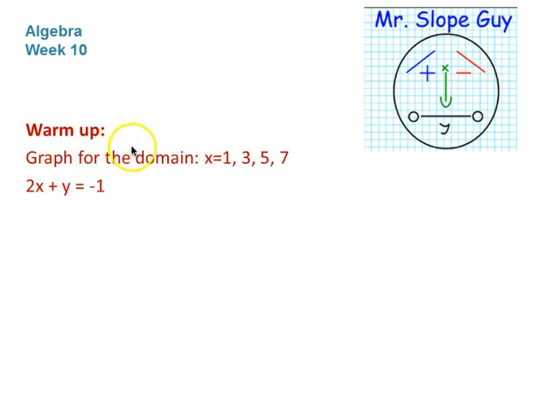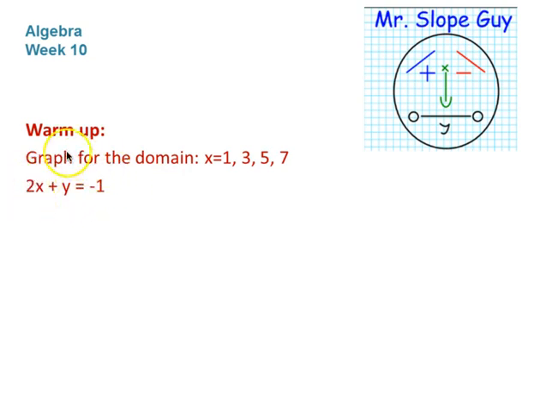So when we are graphing for a specific domain, we're only going to be graphing points because we're only going to be graphing each x value and the corresponding y value. So we're not going to be drawing a line through the points because we only want to graph for these specific x values and then their corresponding y values.